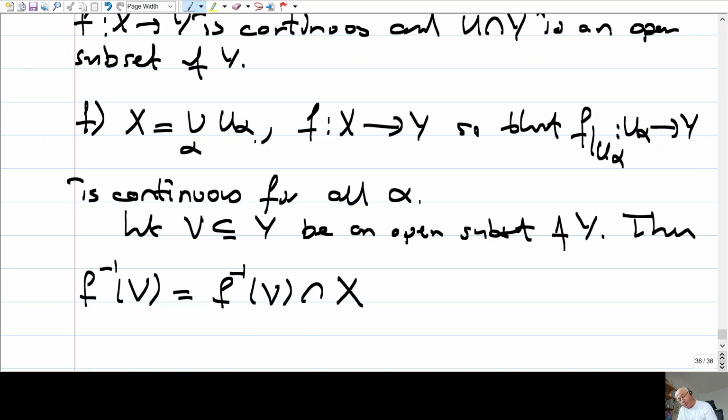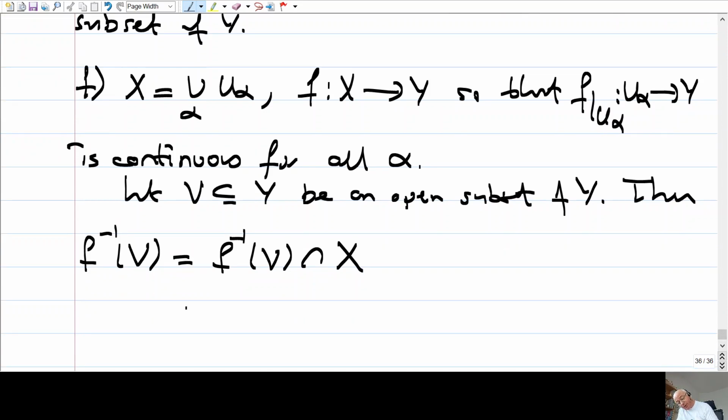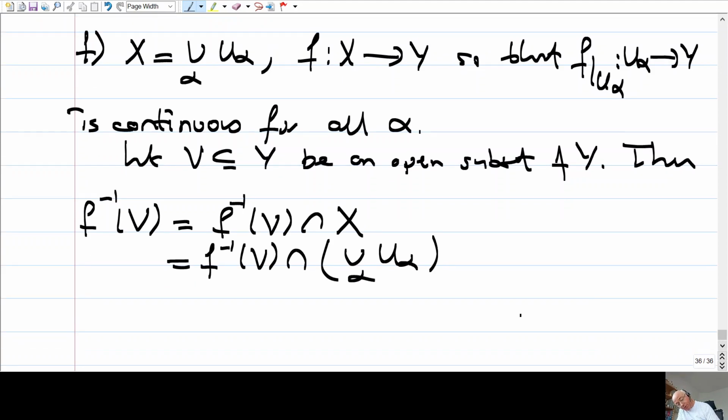Because this gadget is contained already in x. But I write it this way because of the following. This is f inverse of v intersection, so I have this union. What is this then? Well, this is equal to the union of the intersection of f inverse v with u alpha.